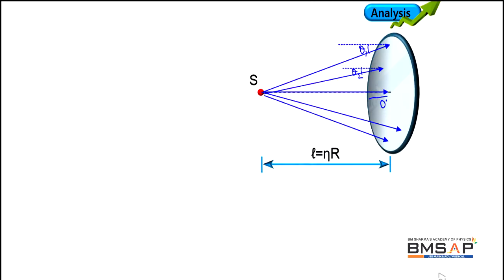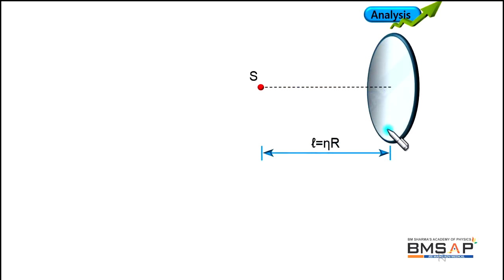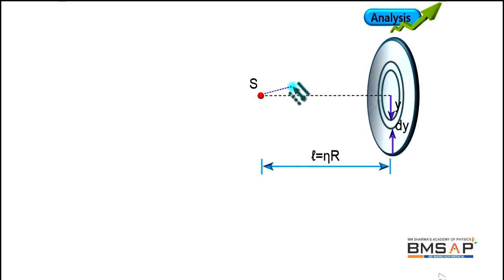For this purpose, we need to explore a surface over which the intensity of the radiation may be constant. So, let us explore the surface. Here we can do one thing. If we draw a ring like this of radius y and thickness dy, we can observe each and every point on the ring is at equal distance from the source. That means the magnitude of the intensity of the radiation is constant.